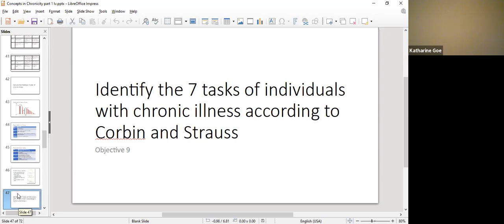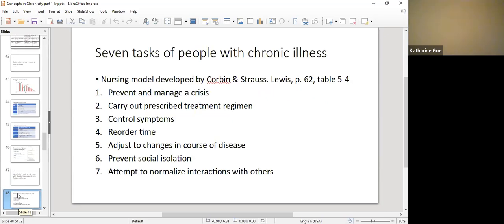So let's look at the 7 tasks of individuals with chronic illness according to Corbin and Strauss. This is pretty interesting. This is a model that was developed by these two researchers. It's a nursing model, and it really is predictive of the tasks of people that are chronically ill. Initially, one of the main tasks is to prevent and manage a crisis.